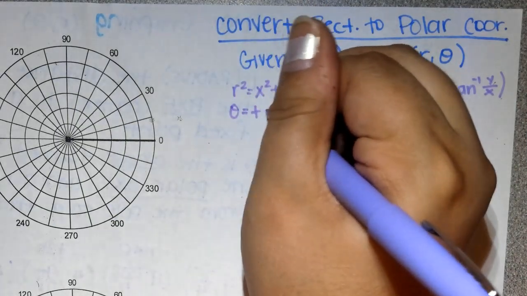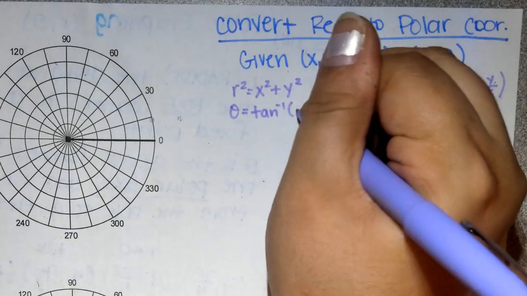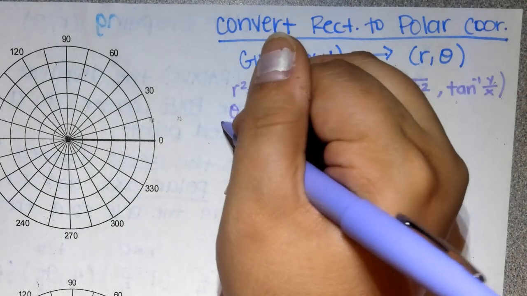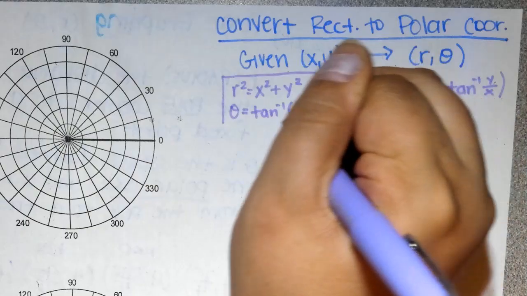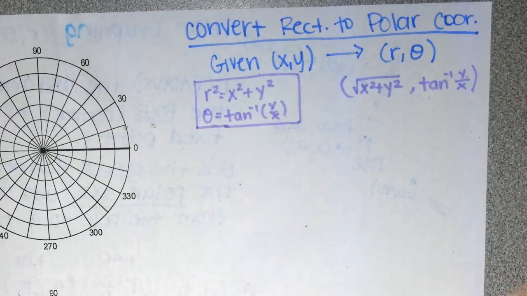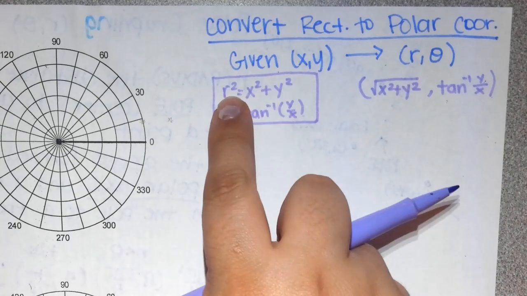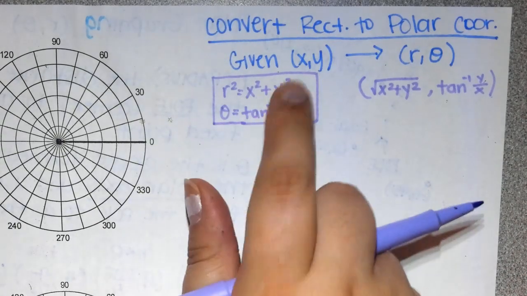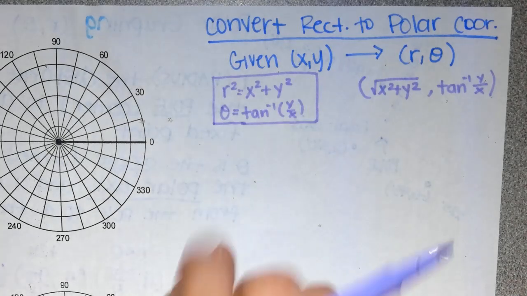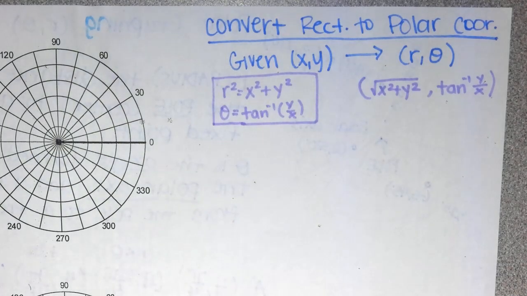And theta is the inverse tan of y over x. And right here you could have put r equals the square root. It doesn't matter. That's going to help us in a little bit. That's why I wrote it like that. Questions?